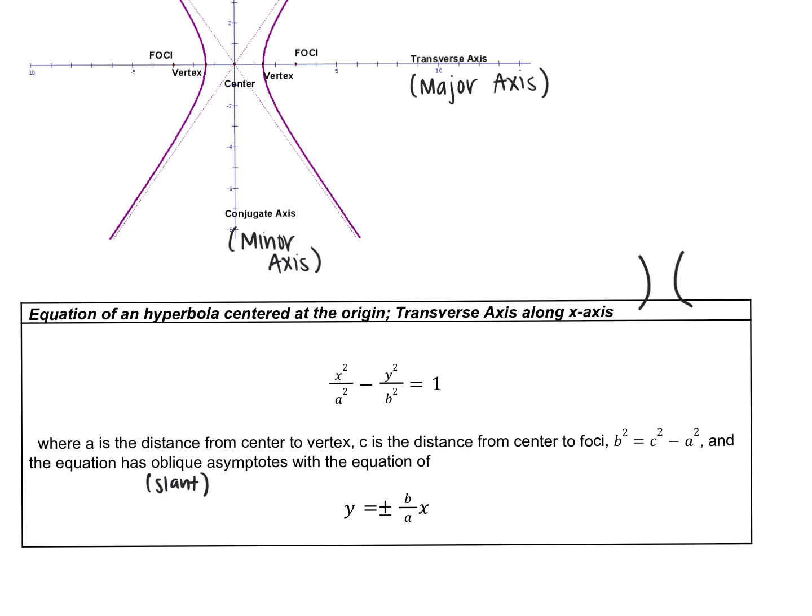For the ellipse, your b value was your co-vertices, so you found b so you could graph it. Here, we really only find b so we know the equation of our asymptotes. C is actually more important because that's an actual point that is graphed for our foci.